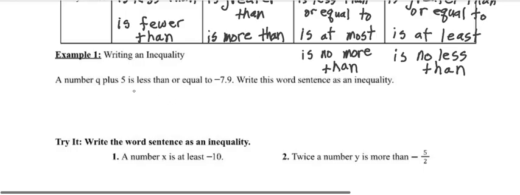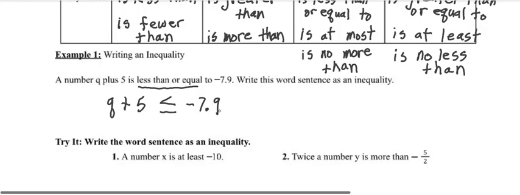So "a number Q plus 5" is going to be this right here. Now, "is less than or equal to" is going to be pointing to the left, and it has a line underneath it. Is less than or equal to negative 7.9.